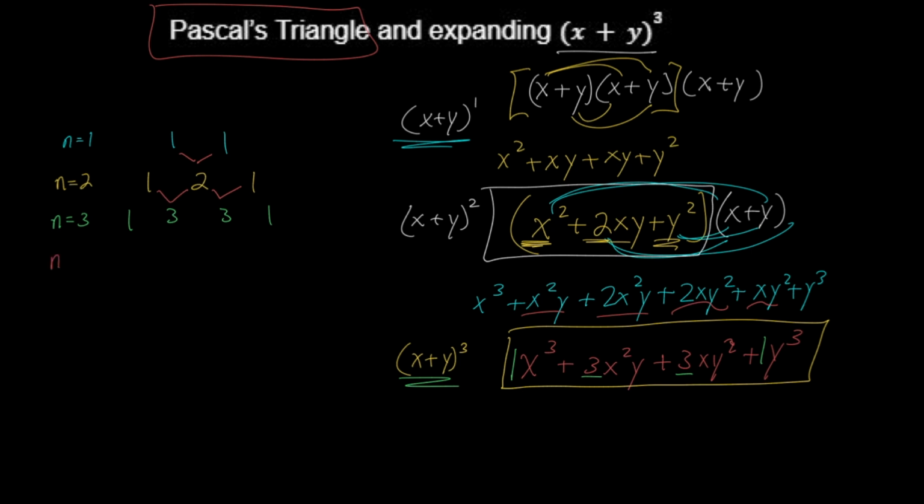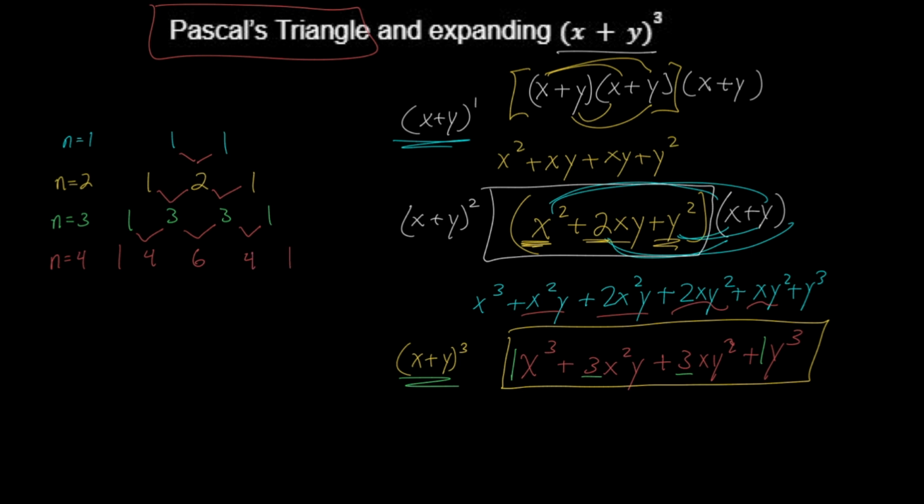So I can predict n equal to 4. The coefficients with the power of 4 would be 1, add them to get 4, add them to get 6, add them to get 4, and then 1.